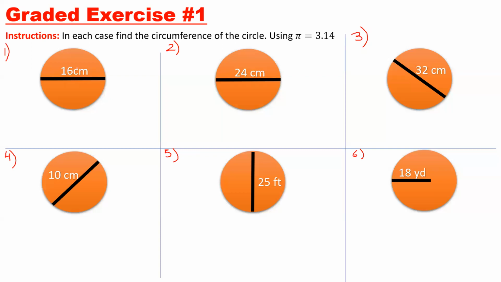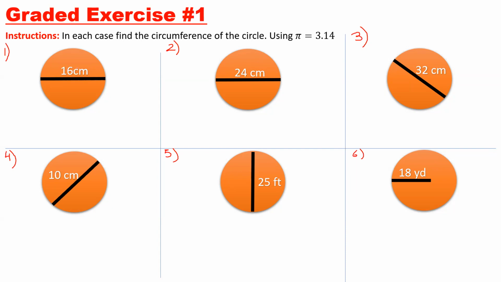Mr. Petit, can you explain number 1 one more time, please? Okay, so for number 1, we know that the diameter is what? 16. Good, 16. But for the formula, we need the radius. So the radius is 8, very good.